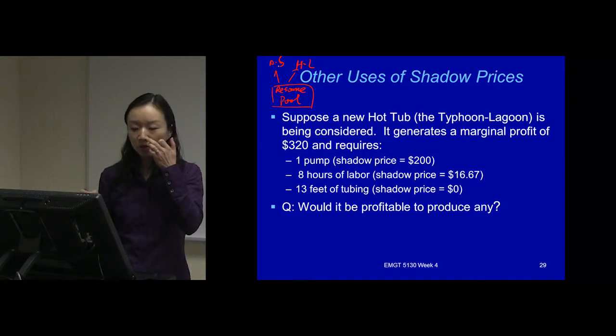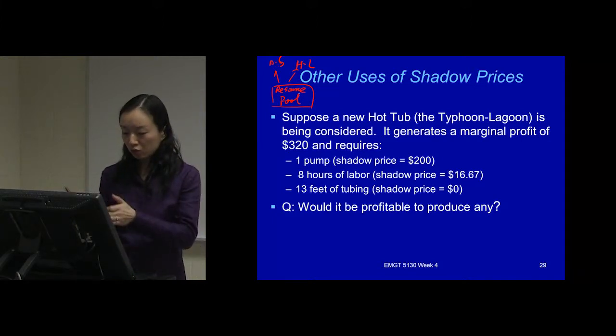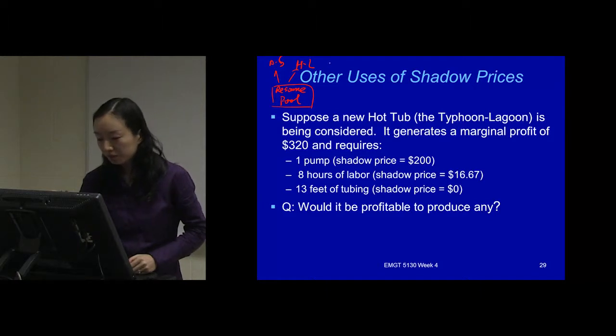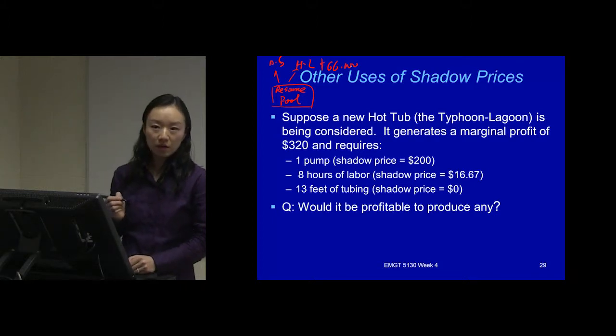Currently, using those resources, which are the pumps, the labors, and the tubing, from this resource pool, you get this much. That's the total amount you're making.